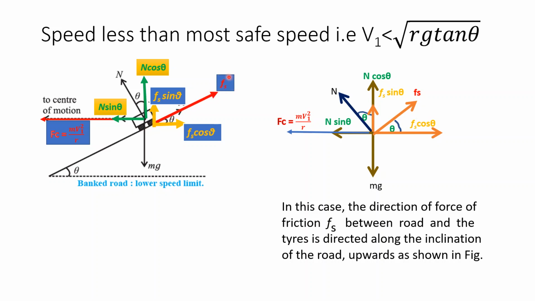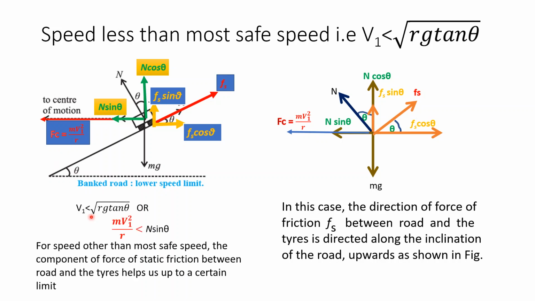This Fs is resolved into two components: vertical component Fs sin theta and horizontal component Fs cos theta. We have also resolved the normal reaction into its two components, vertical component N cos theta and horizontal component N sin theta.